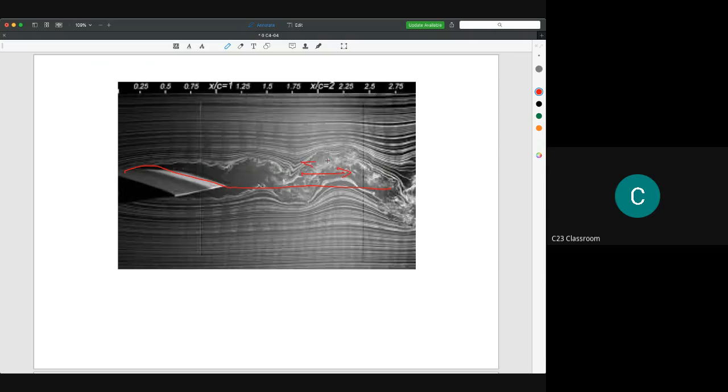So here the velocity is actually the same as the incoming velocity, the free stream velocity, because it should be back to normal. But in reality, because of the viscous effect, the viscosity takes part and creates separation. The pressure is different, so the separation occurs, and then the wake starts to occur.